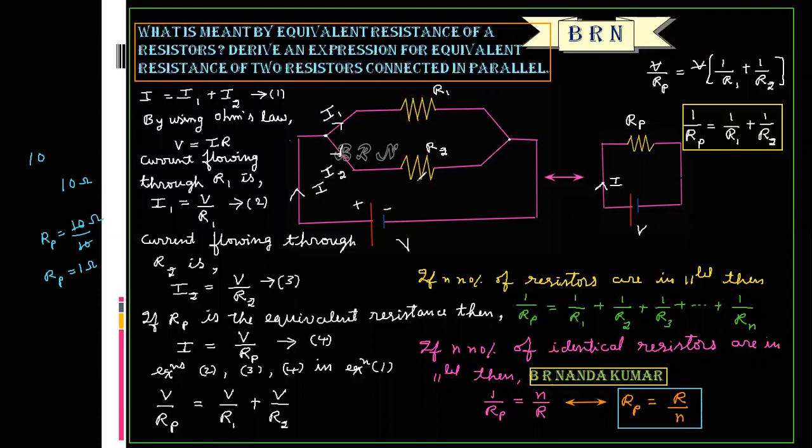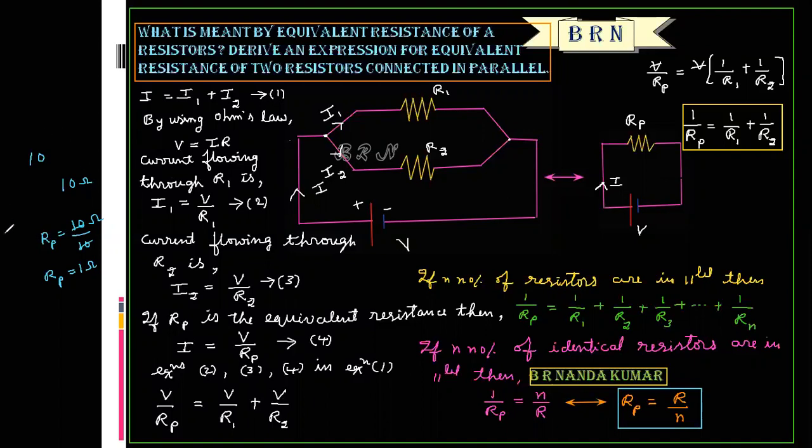But in the case of capacitors, when the capacitors are said to be connected in parallel, positive plates are connected to one common point, negative plates are connected to another common point, right? So in a parallel combination of capacitors, the charge on each capacitor is different, the potential difference across each capacitor is the same.